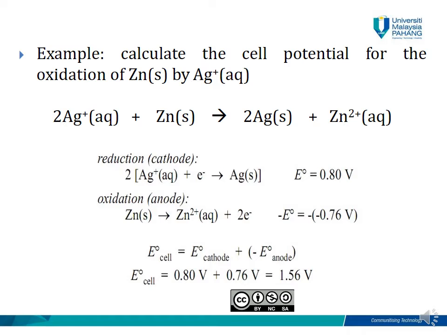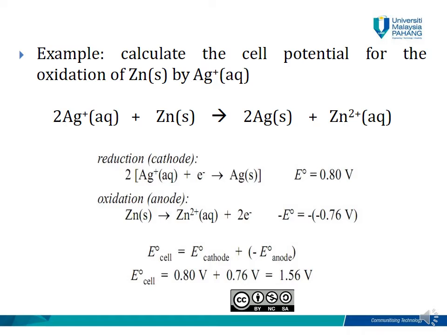So basically, at the oxidation process, you can see the value changes. Why does this value change? Because the table value is a potential for the reduction process only. So when it comes to the oxidation process, you need to change the sign. Let's say if the value in the table is negative, you need to change it from negative to positive.